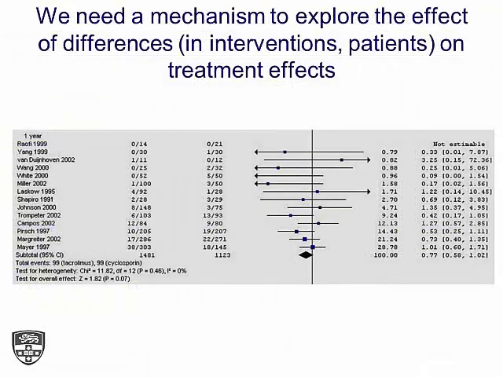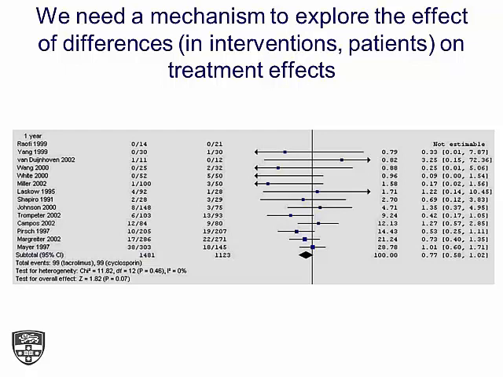In addition to power to detect intervention effects, as you know, often interventions work differently in patients. By having broad inclusion criteria, by looking at a range of populations, we can see whether postulated reasons for variations in treatment effect are actually valid.